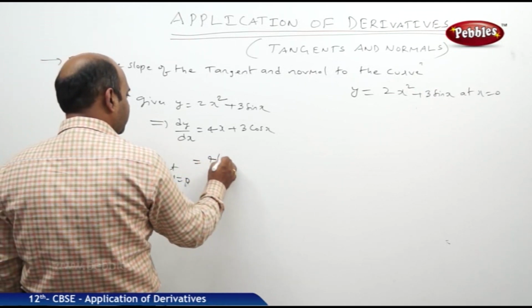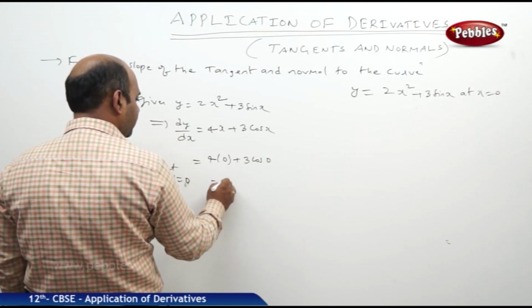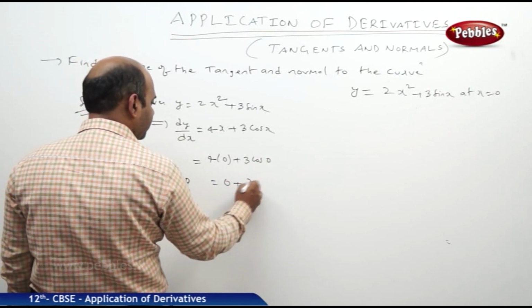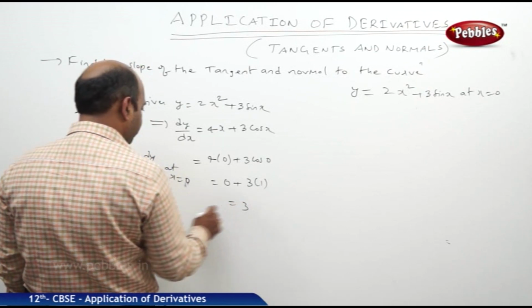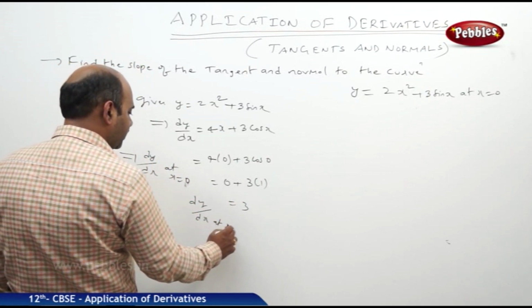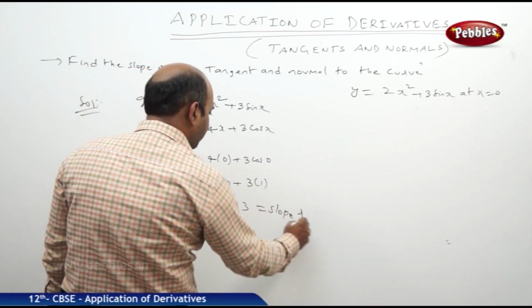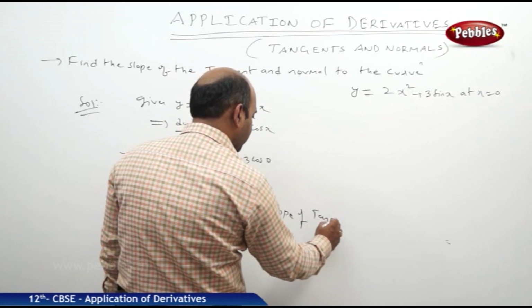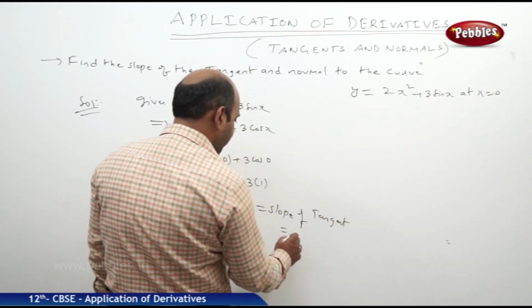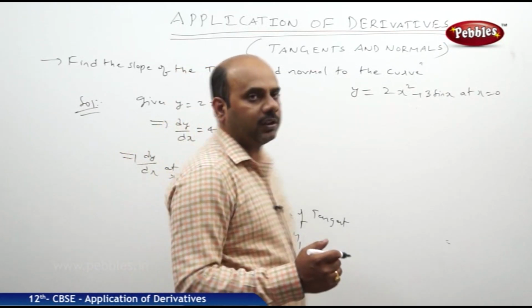That means 4 into 0 plus 3 into cos 0. That means 4 into 0, 0. 3 into cos 0 means 3 into 1, so that will be 3. Therefore, dy by dx at x is equal to 0 is 3. That is nothing but the slope of the tangent, and it is given by m. But here I will write it as m1.